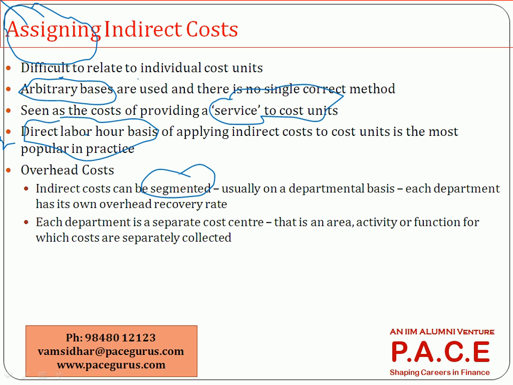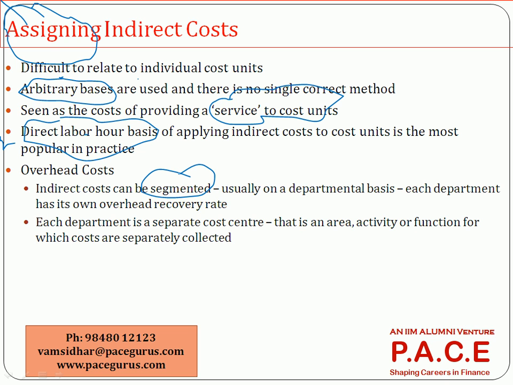Or I can do it on the square foot of usage of that premises, right? Or I can say the number of units produced. So you can think of various drivers, but as long as you are logical, you can do the allotment accordingly.